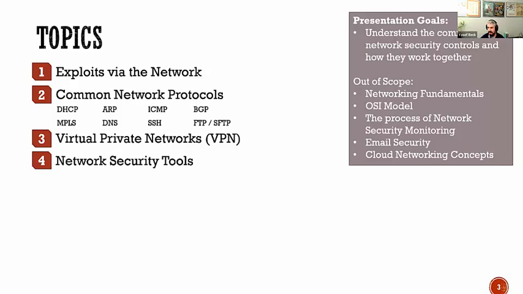I actually did a talk on that, one of my first ones, I think, for KSU, so there's probably an archive of it out there somewhere. We're not going to talk about email, even though email definitely goes over the network, but that is its own conversation. And I'd originally planned to talk about cloud networking concepts, at least to give a primer on it, but we're going to avoid that just because of time. Maybe that'll be another talk sometime.